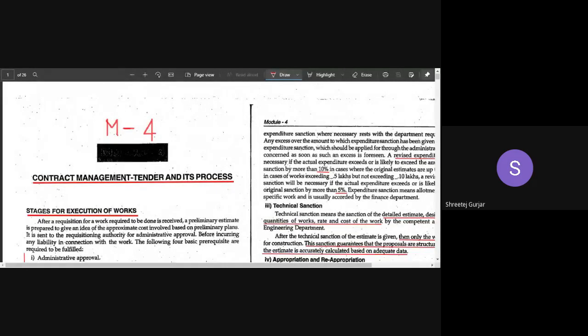So we shall first learn what is meant by a contract. Do you know what is meant by a contract? In general terms, can you try to answer in your own words? Not in technical terms, not in terms of civil. In any general terms, can you tell me what is a contract, or what is meant by an agreement?